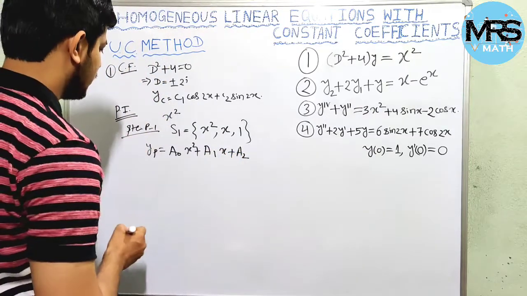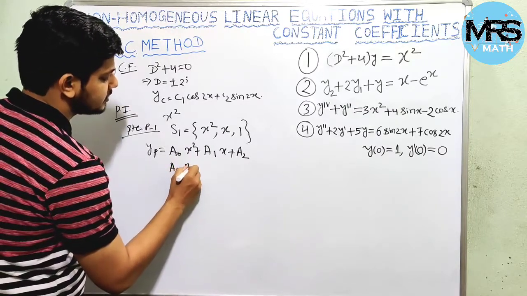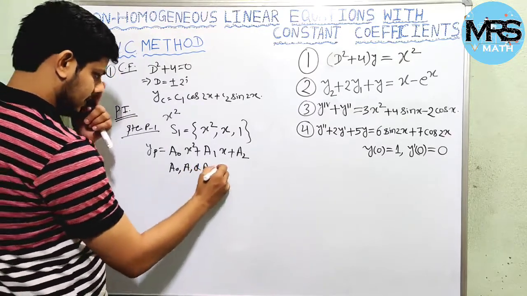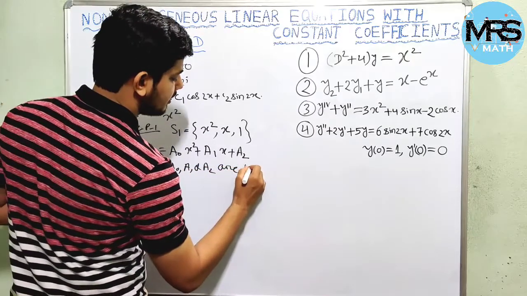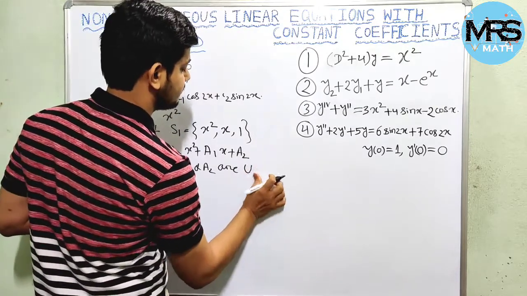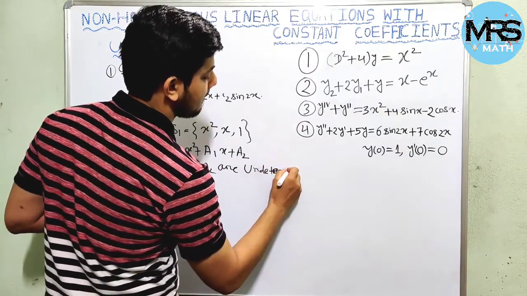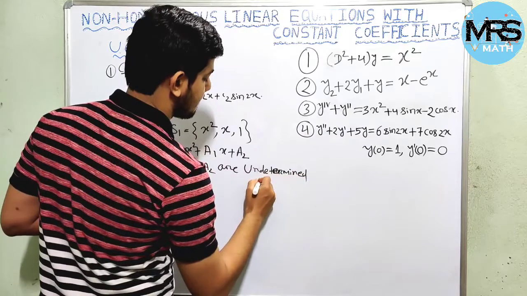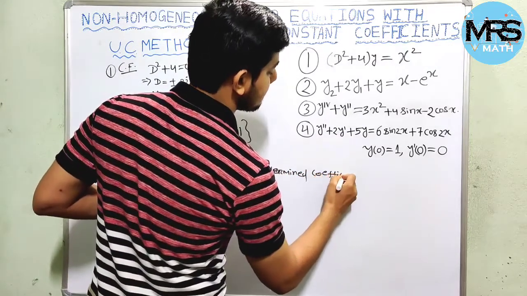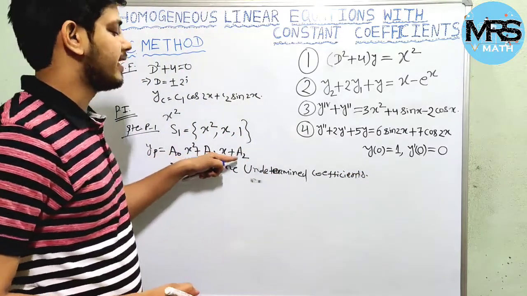So this one will be the particular integral, and here a0, a1 and a2 are undetermined coefficients. So we have to find these values.